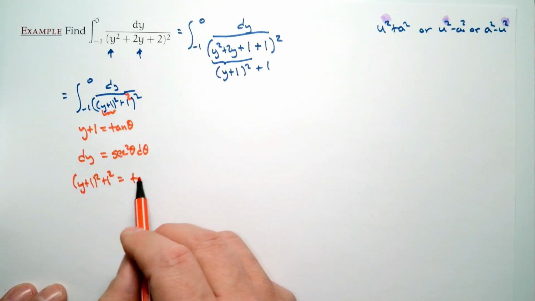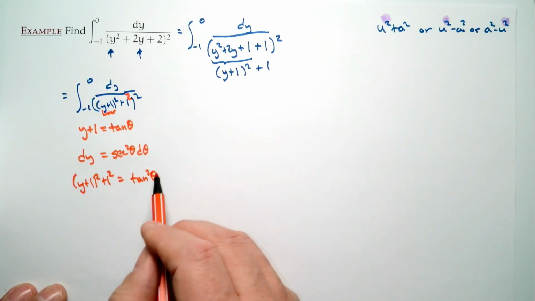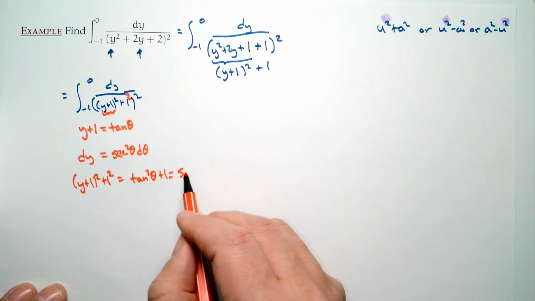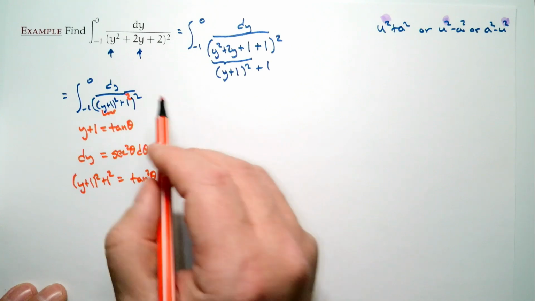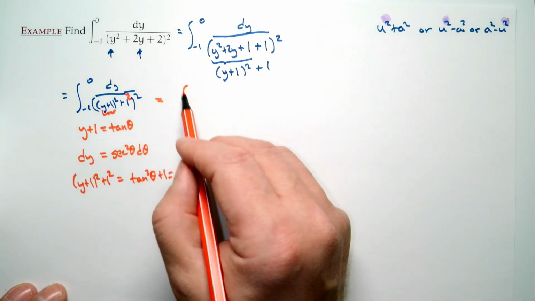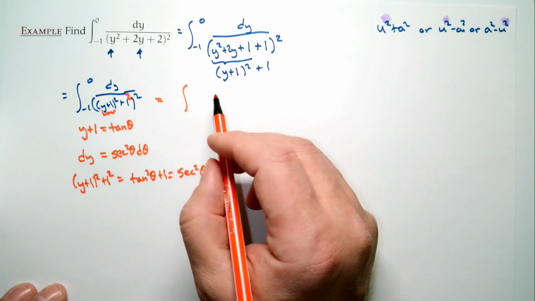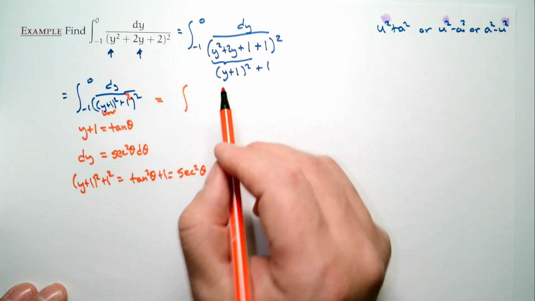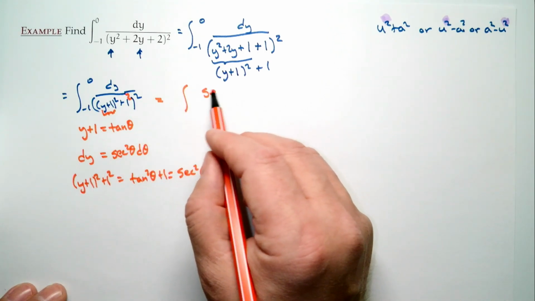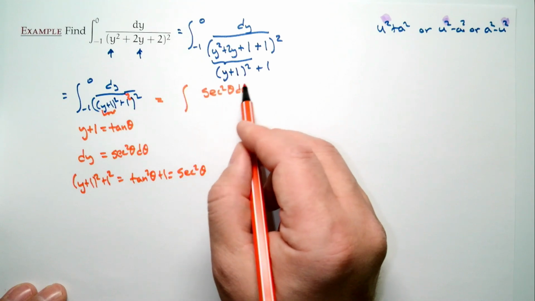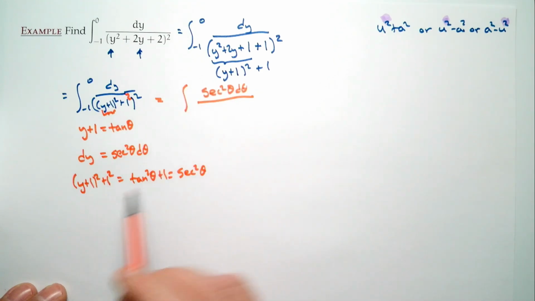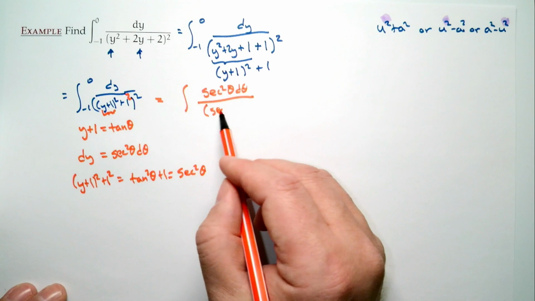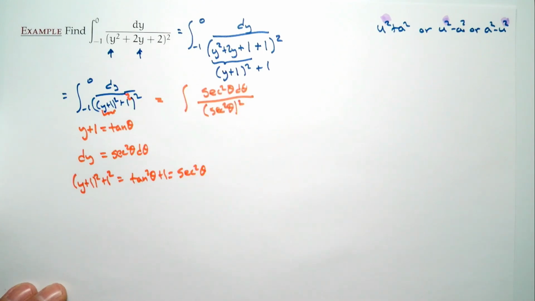Well, that's tangent squared plus 1, which is secant squared. So what do we get? We get the integral of dy is secant squared theta d theta. Downstairs, we're going to get secant squared theta squared.